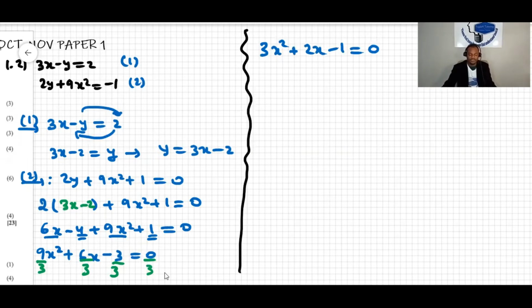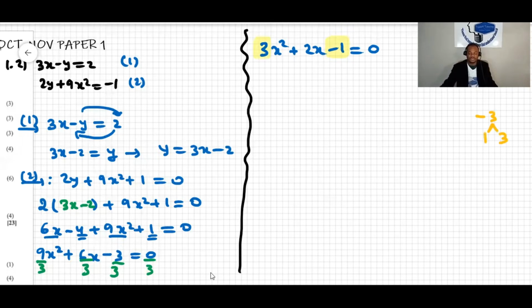Now, if we need to solve for x, we can solve it by factorization. But in this case, notice that the coefficient of x squared is not 1, but it is 3. What we do in a situation like this is we do 3 times -1, which makes -3, okay? I'm going to write here -3, and list the factors of 3, just 1 and 3.